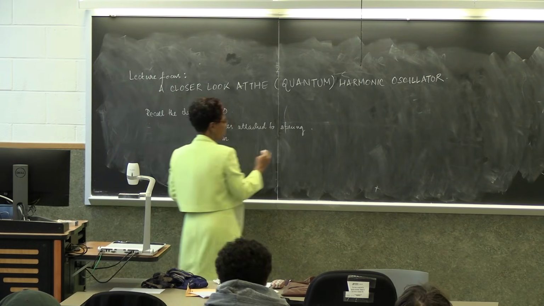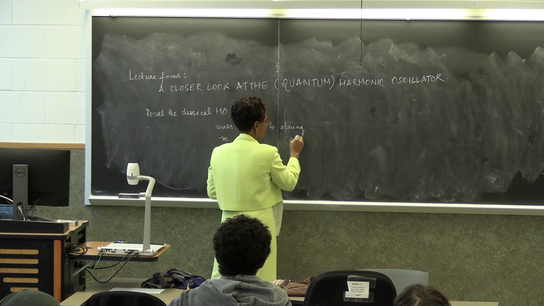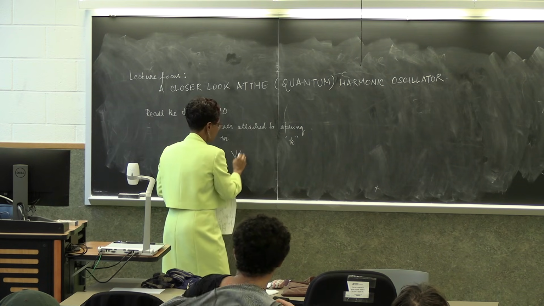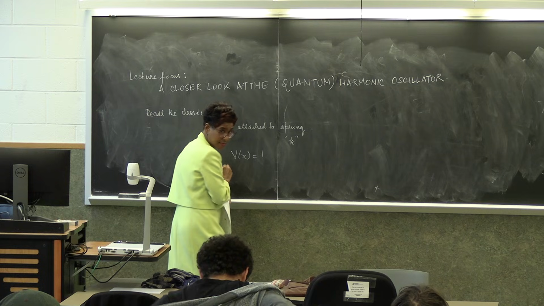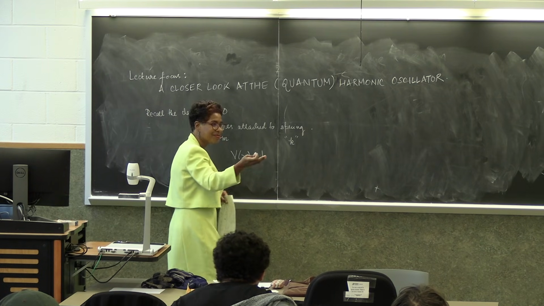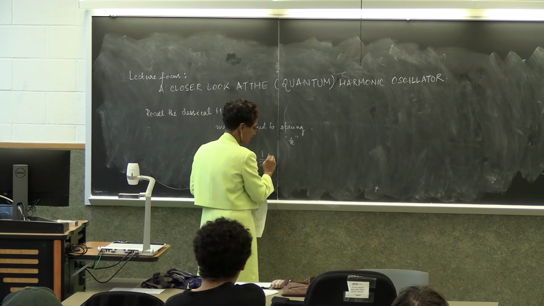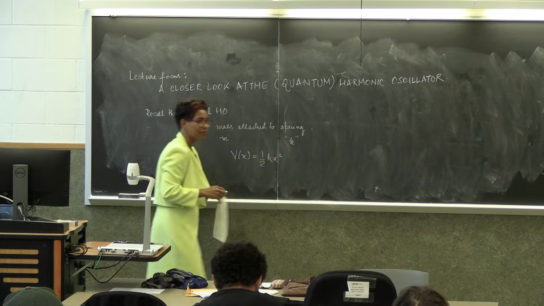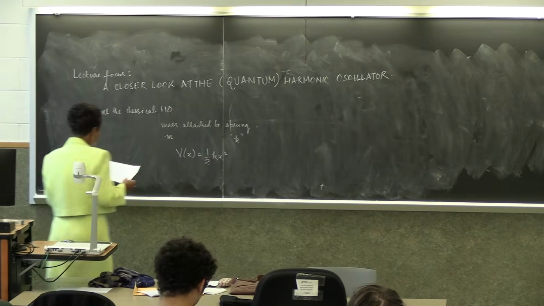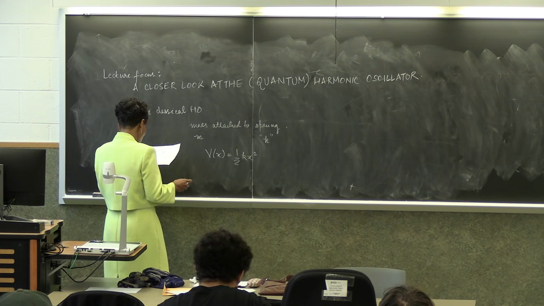Mass m attached to a spring with spring constant k. As you know, potential energy is, does this sound right? Half kx square. Okay, so potential energy is half kx square.